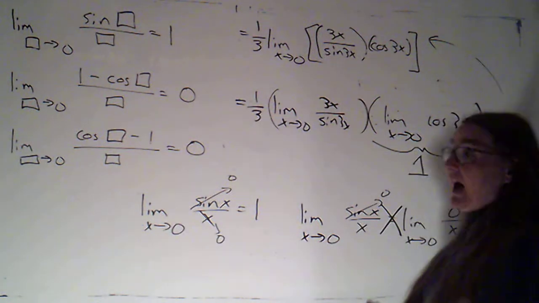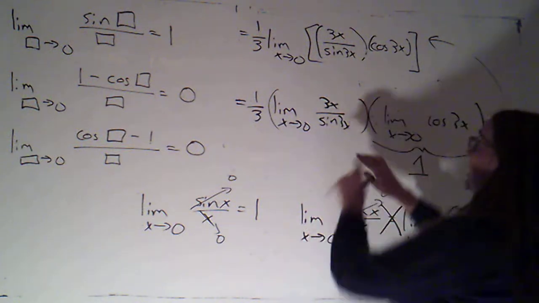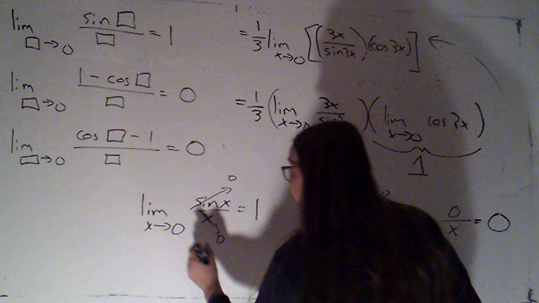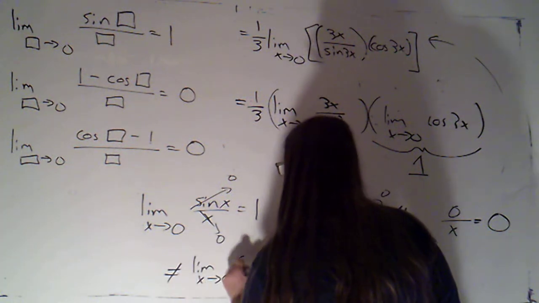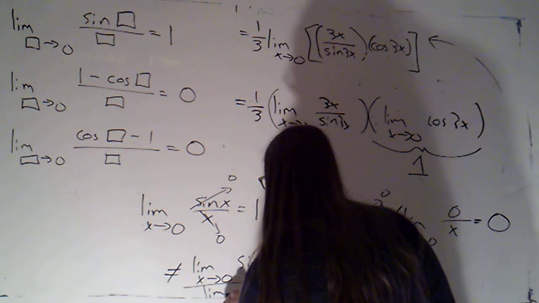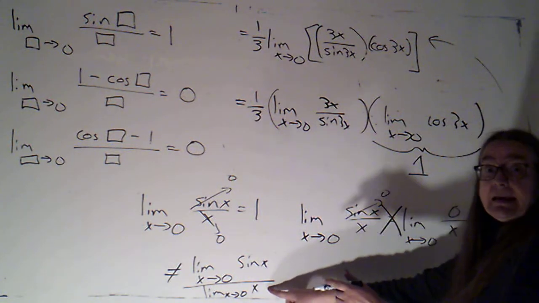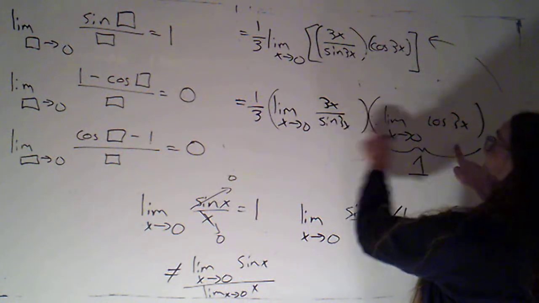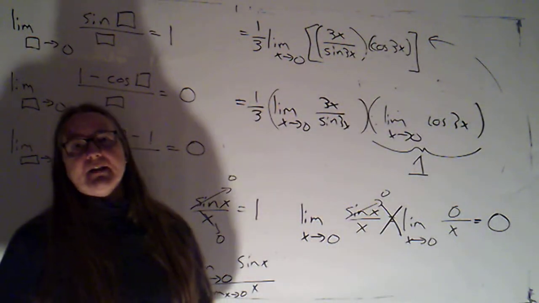Okay, I've got to take the whole limit all at once, or split things apart into 2 separate limits. Here, I can't split this into 2 separate limits. This is not the limit as x goes to 0 of sine x over the limit as x goes to 0 of x, because that would put a 0 on the bottom. Okay. So if I want to work with one part, I have to know that it's totally legal to actually separate it into separate limits.